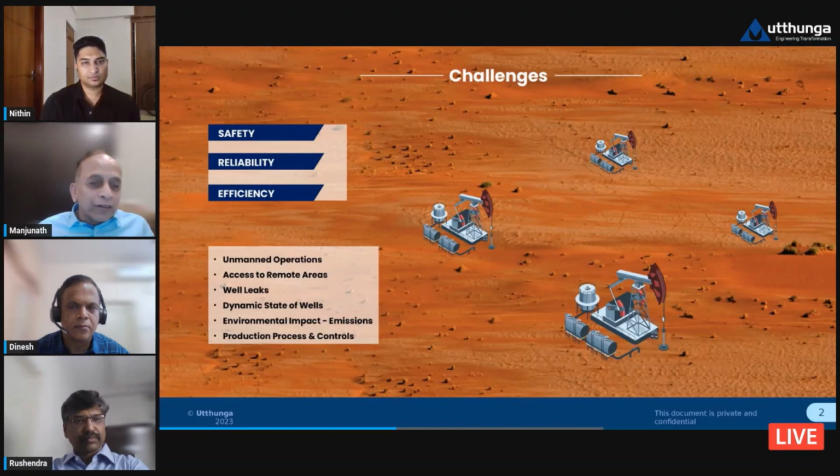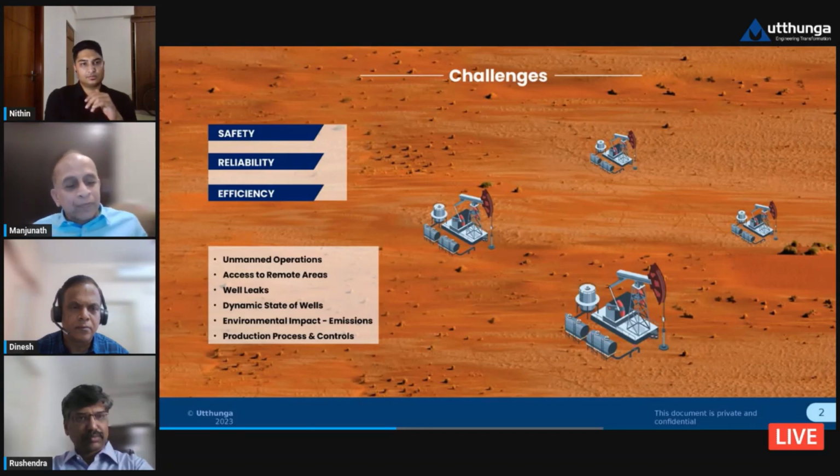How to monitor this unmanned operation is a real big challenge, because even though a lot of technologies have come, improvement is still needed in unmanned operations. And second is the operation of unmanned sites, because access to remote status is still a big issue.